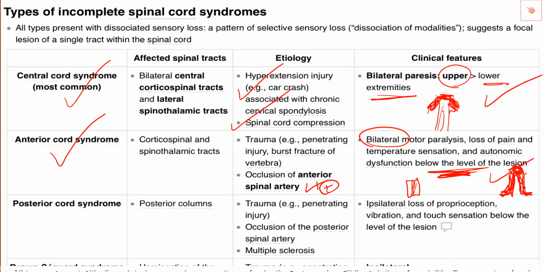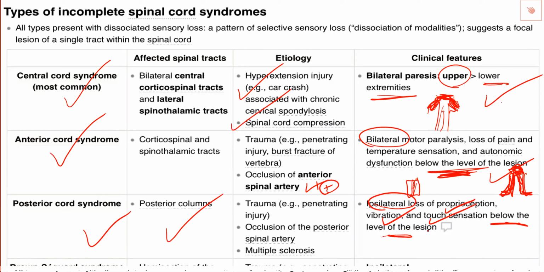In posterior cord syndrome, there is only ipsilateral loss of dorsal column sensations, which are proprioception, vibration, and tactile discrimination below the level of the lesion.